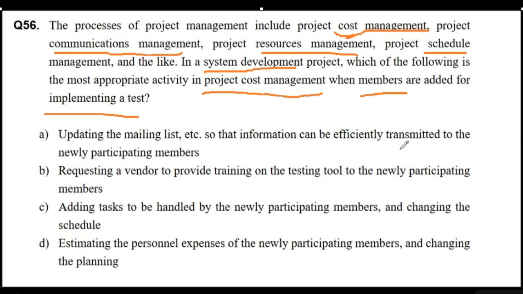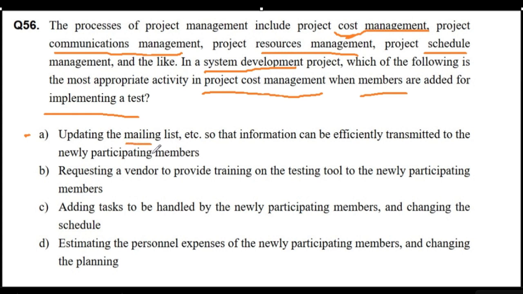Actually, a while ago, I was doing this again, and I chose the incorrect answer, which I thought was letter A. It's saying that we update the mailing list and so on, so that information can be efficiently transmitted to the newly participating members.